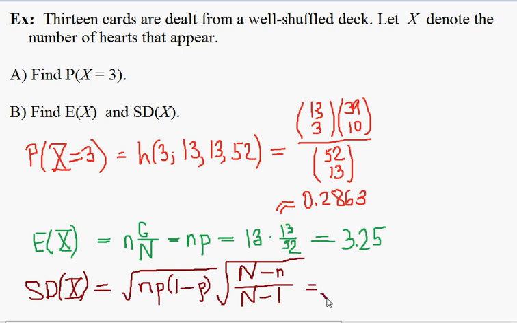So in our case, that'll be square root of 52 times 13 over 52 times 39 over 52. So that's the first part. And I made the same mistake again, so let me correct that. The little n is in front, so this should not be 52 here, so I'm sorry about that.